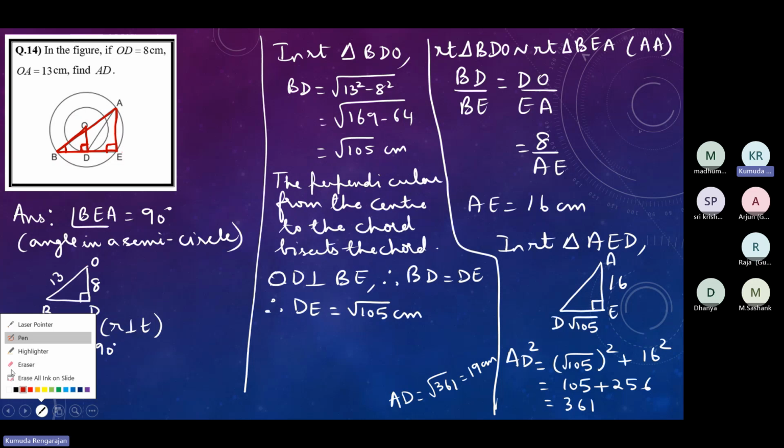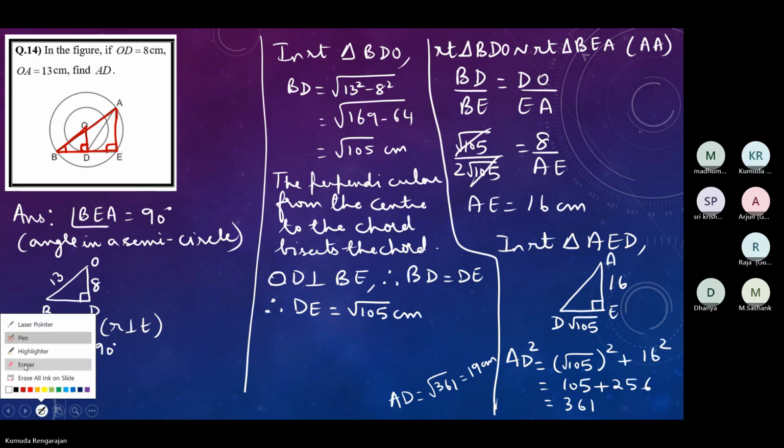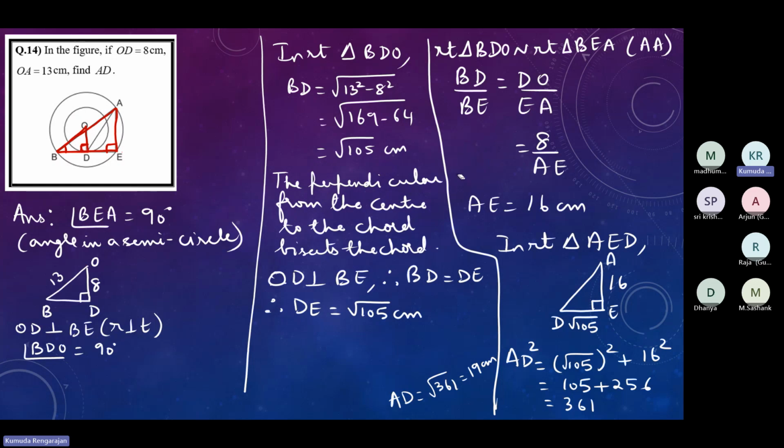So you can write root of 105 divided by BE is twice root of 105, so it amounts to the same. You can write this, or what I had written earlier was BD and BE, twice BD. Both are fine.